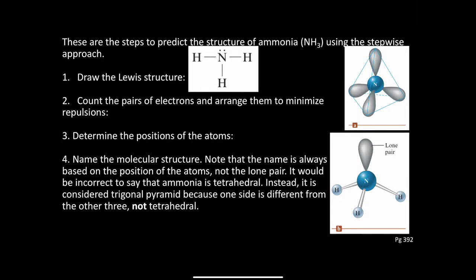So instead, this is called trigonal pyramidal, because one side is different from the other 3, not tetrahedral. So this is what it would look like in space. We would not necessarily designate those lone pair electrons.